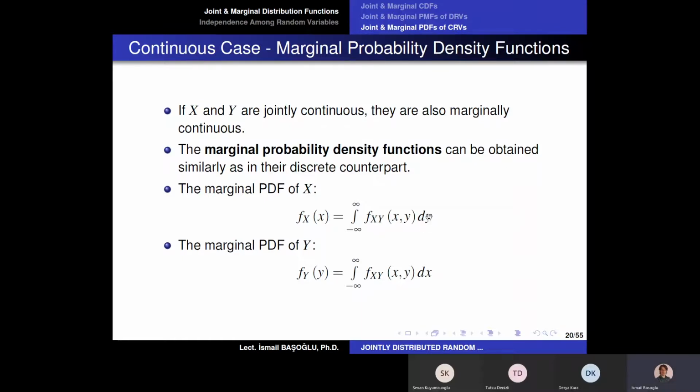And that squeeze is going to bring me a two-dimensional function, which is a function of x only. Similarly, if you want to get the marginal PDF of y, you need to squeeze this three-dimensional function over the axis of x, so it is going to get out of the equation, okay? So please do not confuse this.